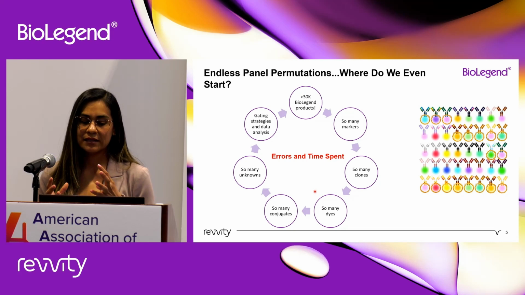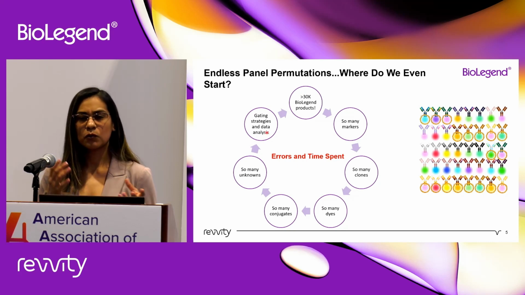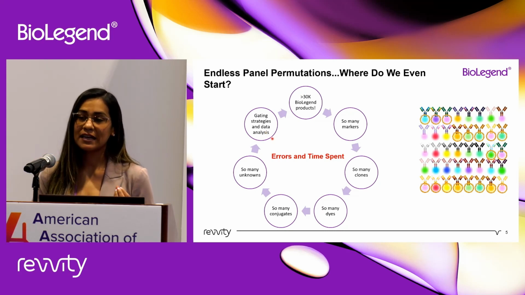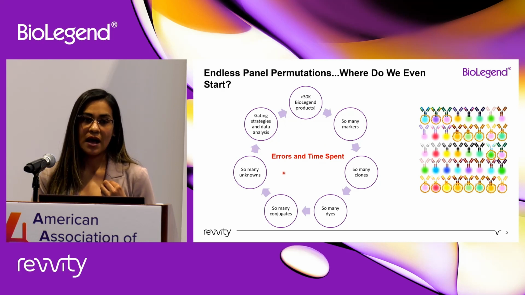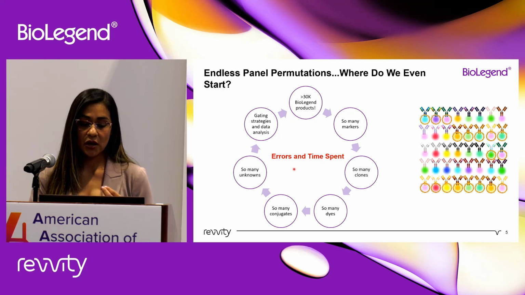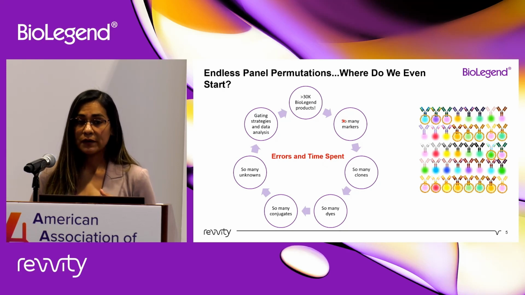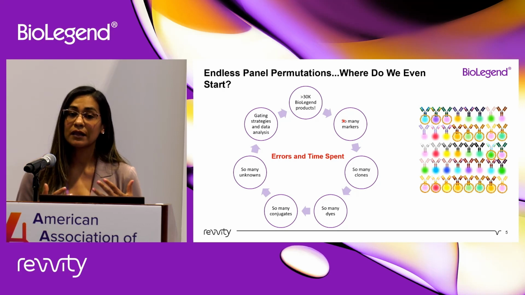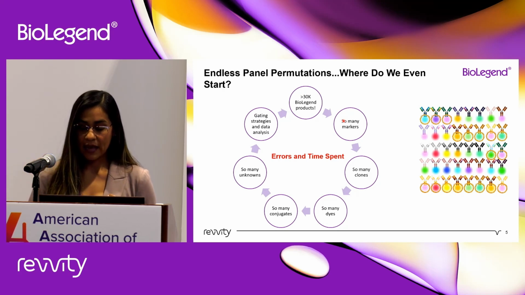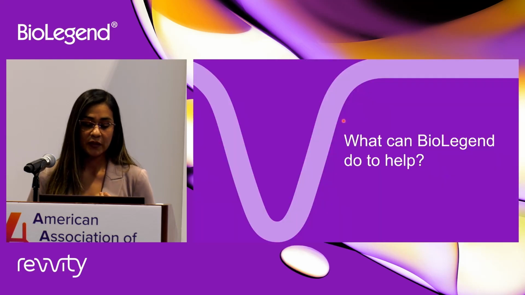And also, if you add some unknown conditions such as the buffers, your protocol, plus what the best gating strategy will be, all this together can lead you to have many errors during the optimization, and you can spend a lot of time trying to get a very optimized panel with more than 20 colors. However, given the good amount of data that you can get using spectral cytometry, this is a very worthwhile process. And what if at BioLegend we can help you to do that process even easier?